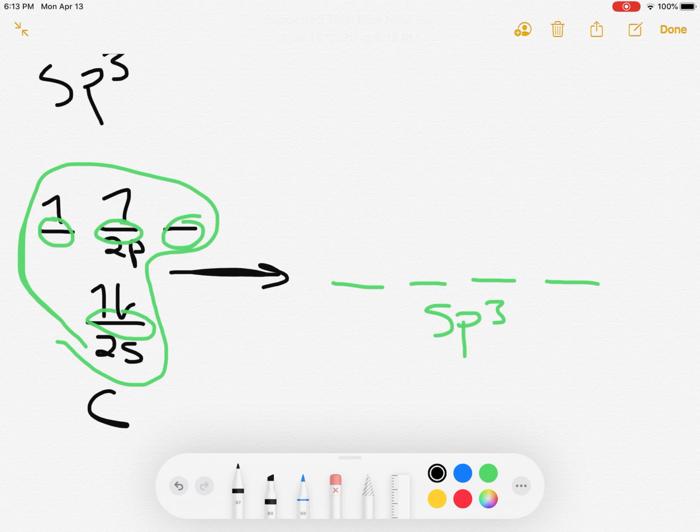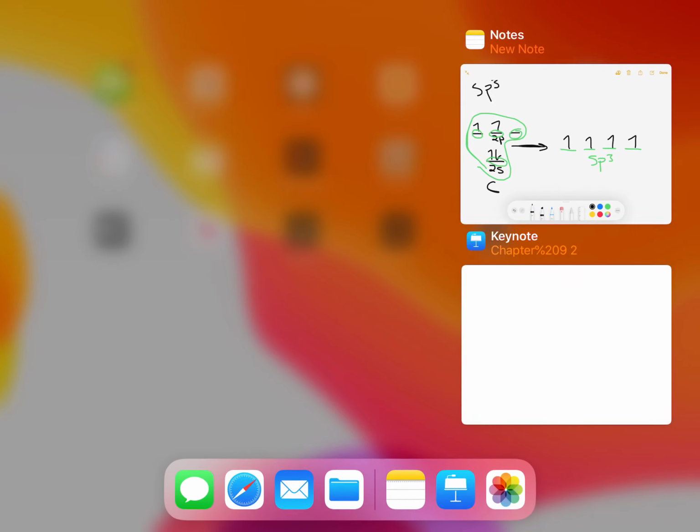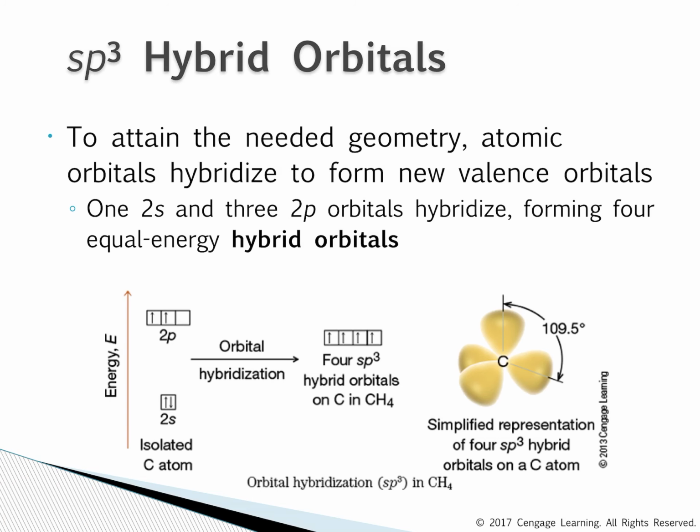So now I'm going to place those using Hund's rule in the sp3 hybrid orbital. So I'm going to place 1, 2, 3, 4. So I have 4 electrons, 4 half-filled orbitals that can now form an overlap. I'm not going to try and draw the tetrahedral shape because it's not real great when I draw it, but you can see there the tetrahedral shape that sp3 hybrid orbital makes.